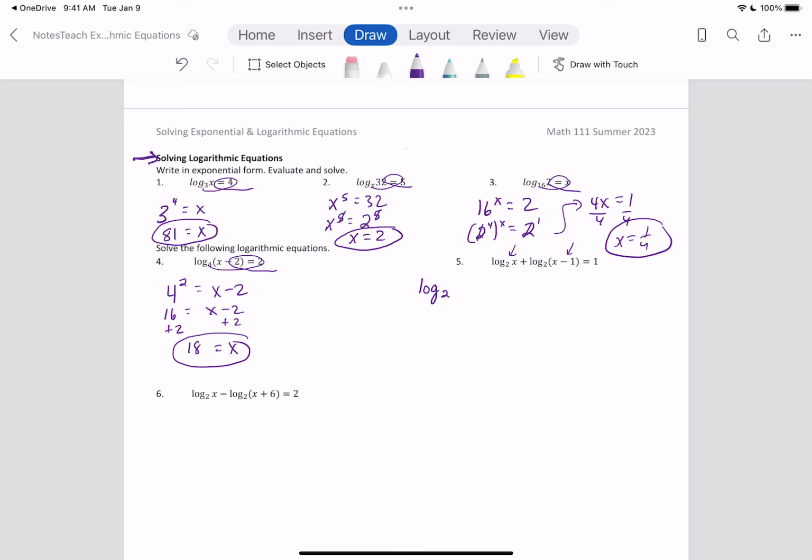So we have log base 2, and it's going to be x times x minus 1 equals that 1 on the right-hand side. And if I distribute, I get x squared minus x.